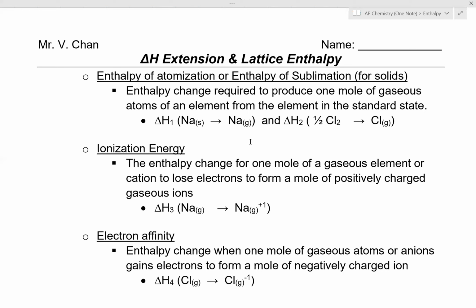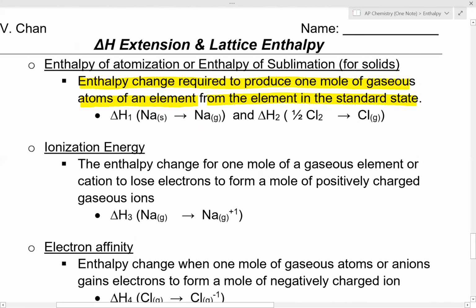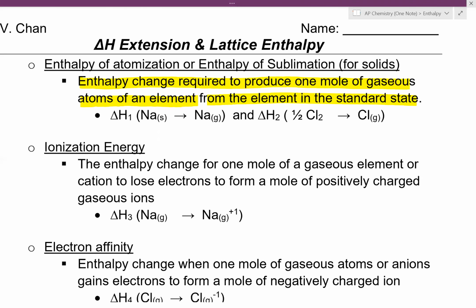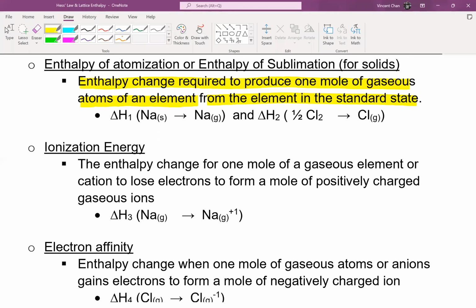This is the enthalpy change required to produce 1 mole of gaseous atoms of an element from the element in the standard state. For H1, you are going from sodium solid, which is the standard state, to sodium gas, while for H2, you're going from chlorine gas molecules in the standard state to chlorine gas atoms. So if I were to do that here, I would put a little g.